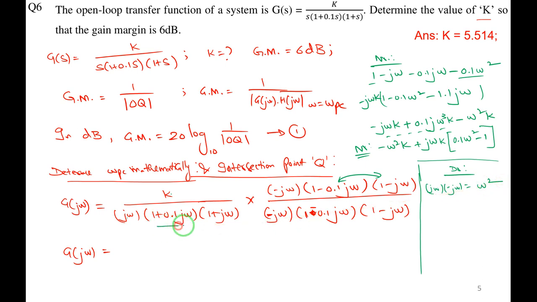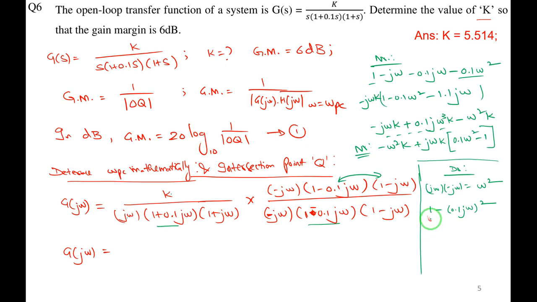Next I will multiply 1 plus 0.1 j omega into 1 minus 0.1 j omega, a plus b into a minus b, a square minus b square, 0.1 j omega whole square, because a plus b into a minus b, right? A square minus b square, this entire thing.